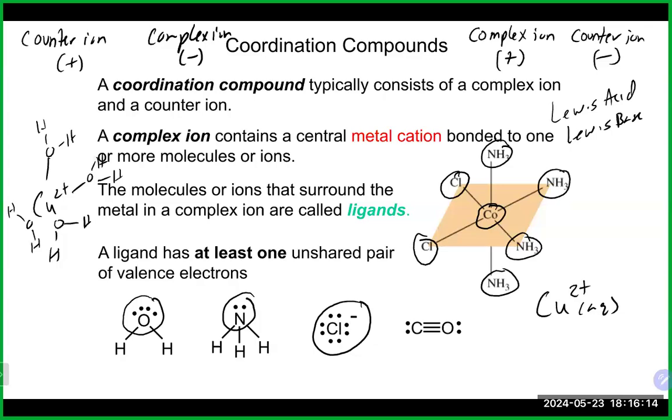Oftentimes we leave that part out when we write equations because it gets a little crowded, and we just write aqueous next to it. But that's really what it means. It's not freely floating around in that solution. It is surrounded, in really a complex ion situation, by the water molecules as it's bouncing around in the solution. Any questions on that there?